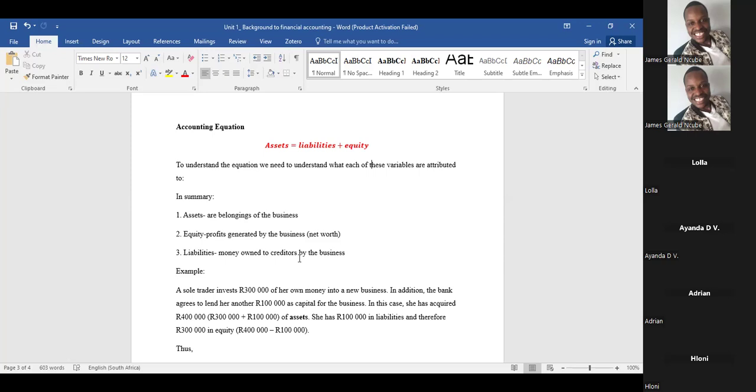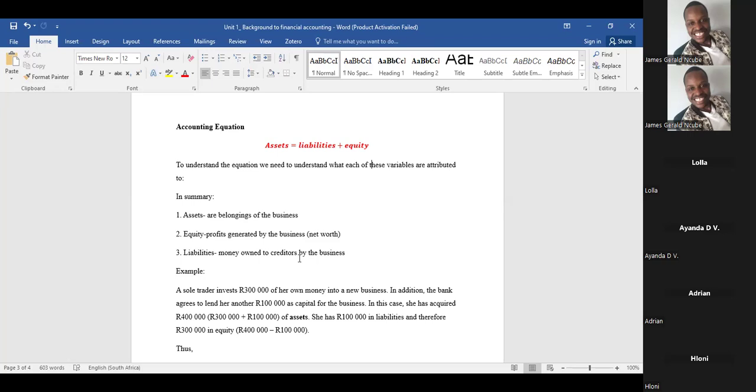So what is this? Isn't this an asset? I mean, it's her money which she's putting into the business, so now it belongs to the business, right? In addition, the bank agrees to lend her another 100,000 as capital for the business. Oh, so now the bank is lending us, which means we owe the bank.